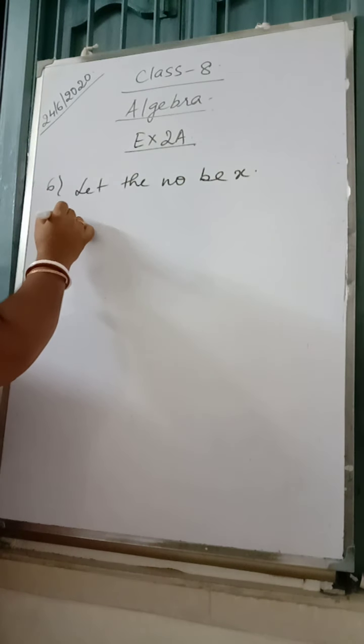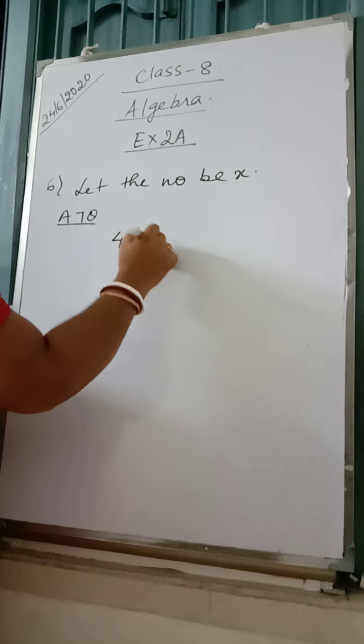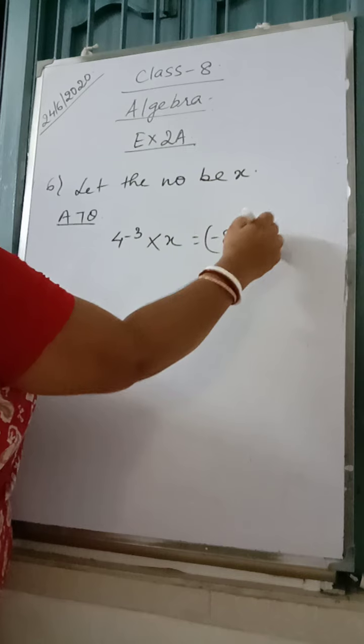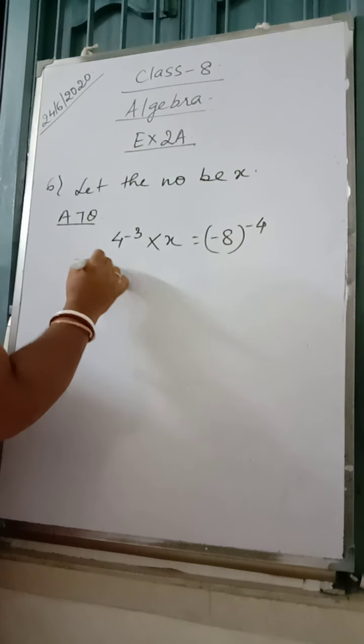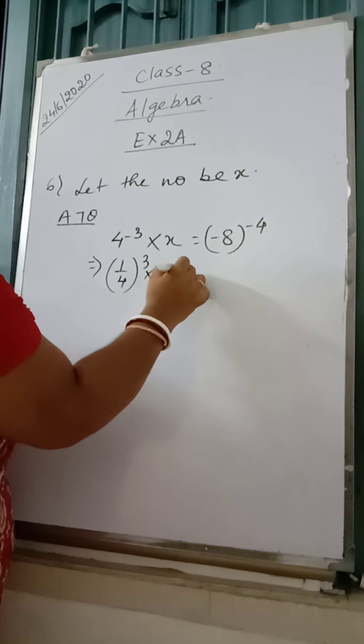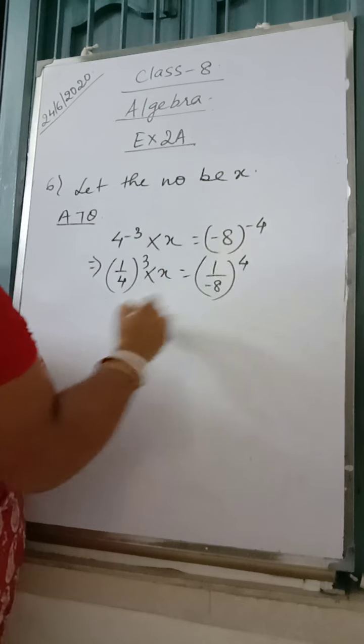According to the question, 4 to the power minus 3 into x is equal to minus 8 to the power minus 4. So what we are going to write, 1 by 4 to the power 3 into x is equal to 1 by minus 8 to the power 4.